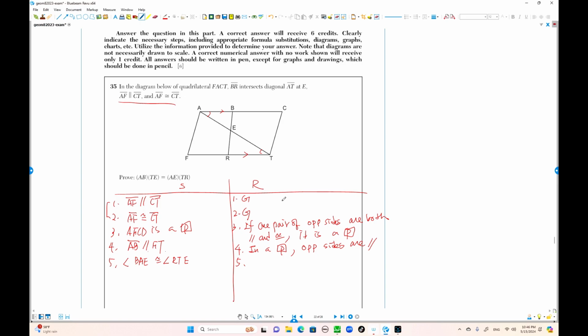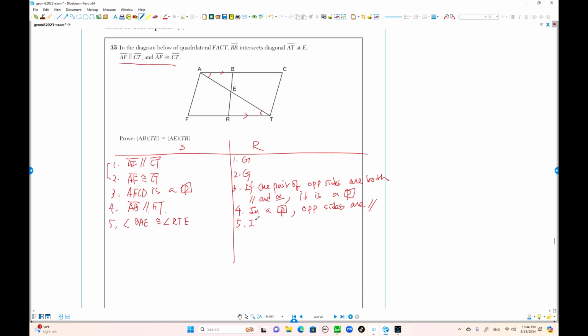You can explain: if parallel lines are cut by a transversal, alternate interior angles are congruent, okay? Or just write alternate interior angles congruent, that is okay too, right? It depends on your teacher.